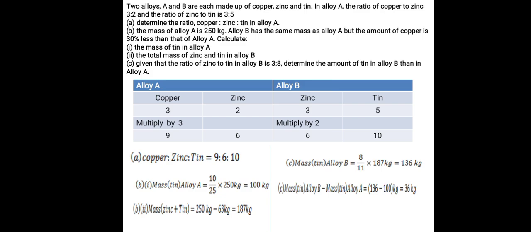Now, the ratio of 3 to 8 means that tin is 8 over 11 multiplied by that 187, so tin is 136 kilograms. But remember, in alloy A, we got that the amount of tin was 100 kilograms. So if you subtract 100 from 136 kilograms, we find that alloy B has more tin than alloy A by 36 kilograms.